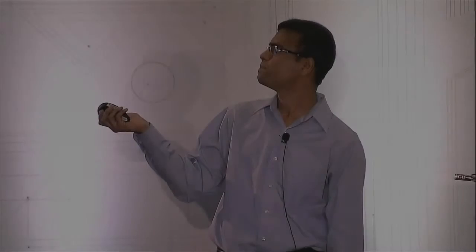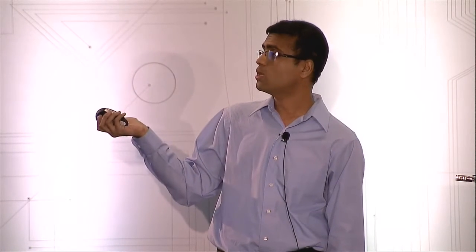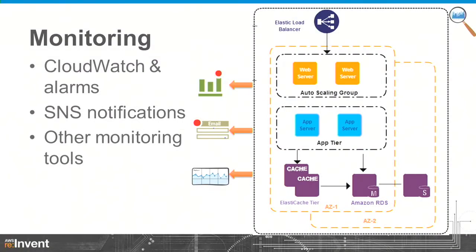If there are specific events that you should be aware of, you can subscribe to SNS notifications based on the service supported functionality. In addition, a lot of third-party monitoring tools that you use today with your databases, web servers, et cetera, all work seamlessly with AWS.